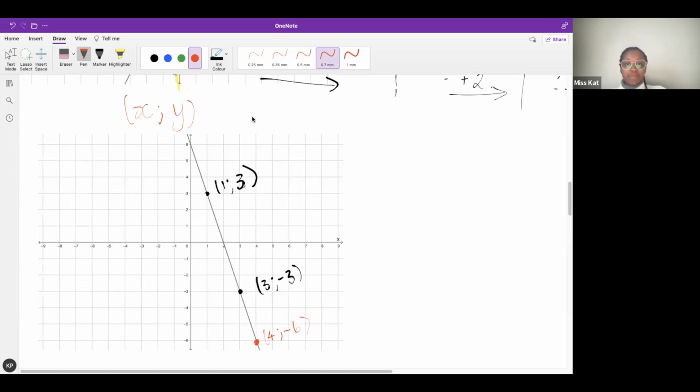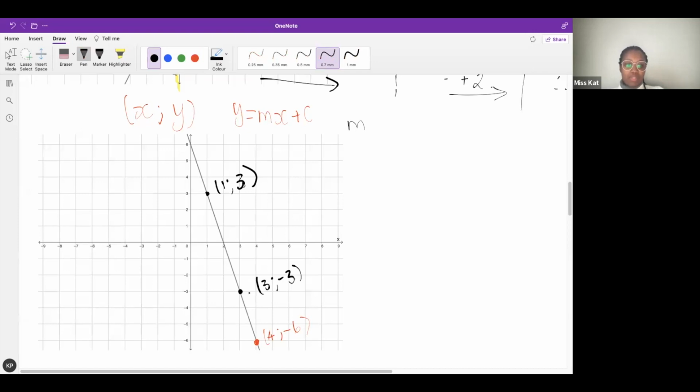So, again, our equation is y is mx plus c. Now, let's work out our m.